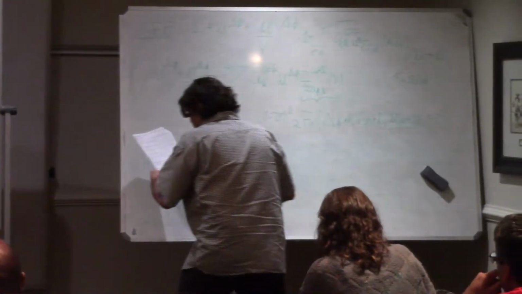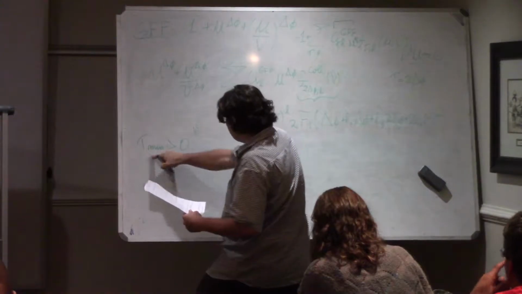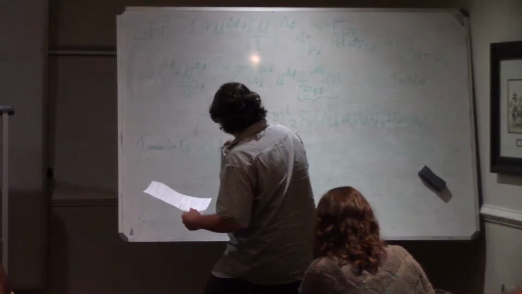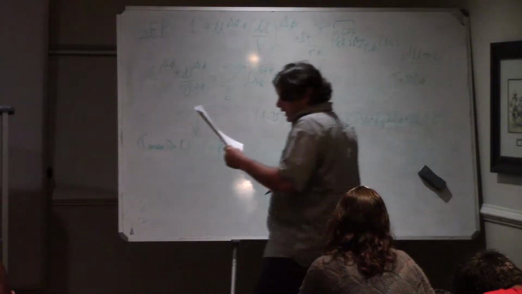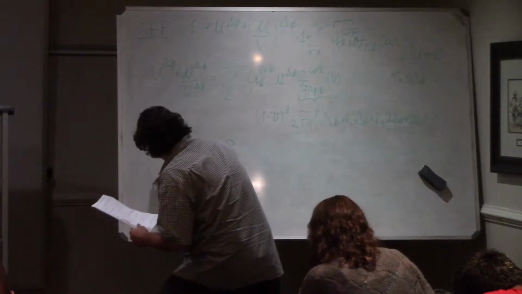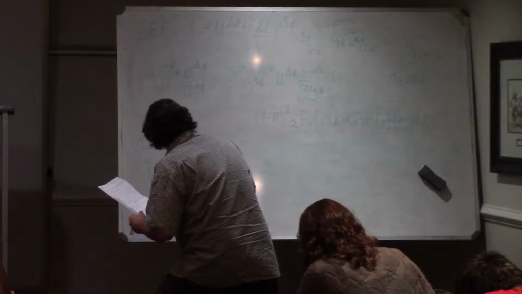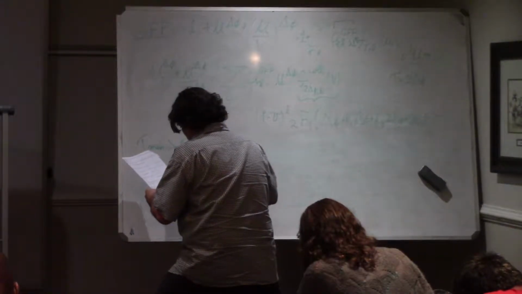And when does this happen? When this happens, we say that the theory has a gap in the twist. And there is a unitarity bound that you can prove.